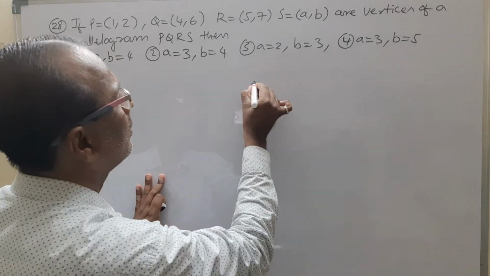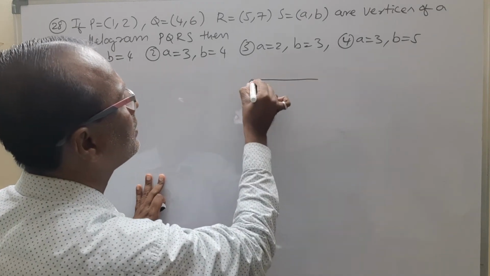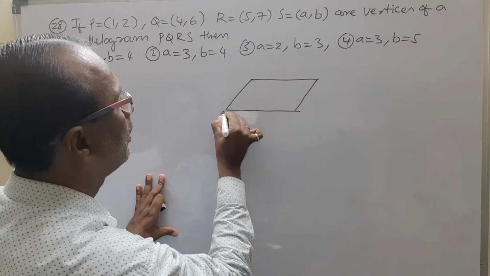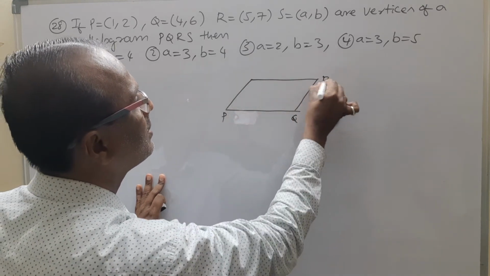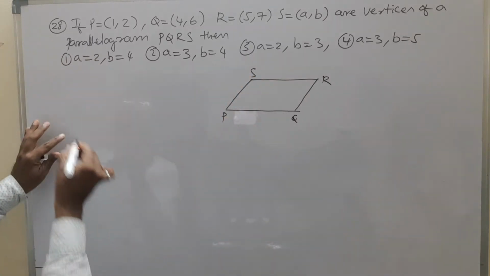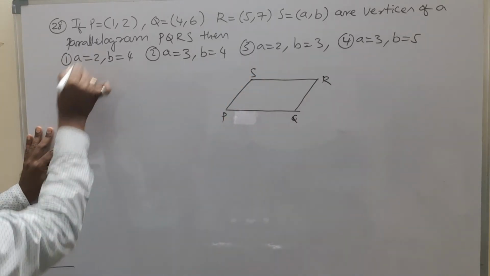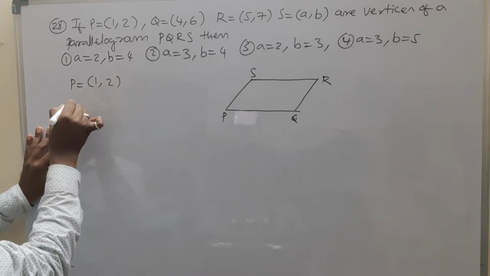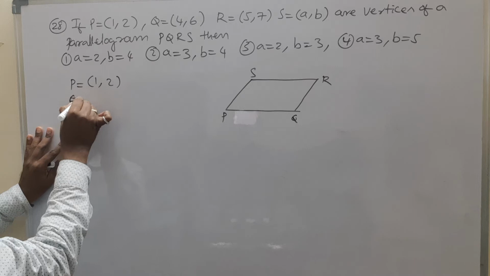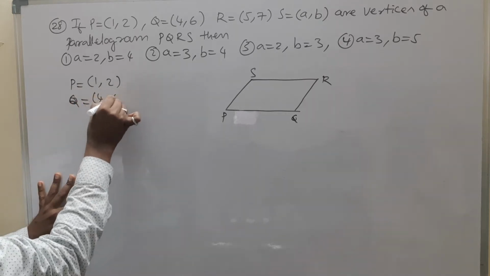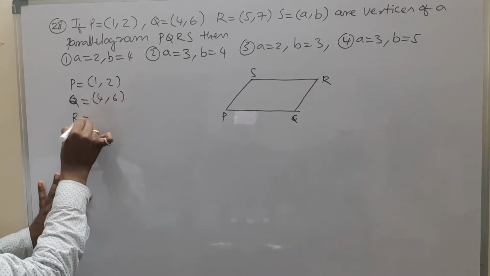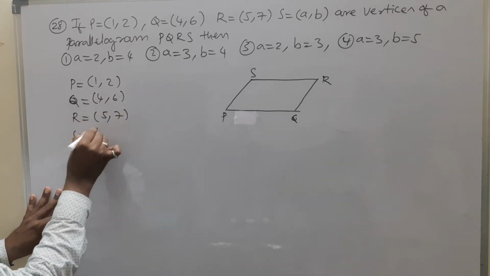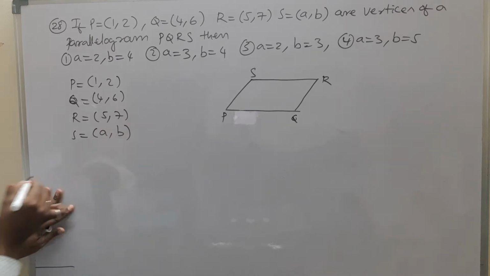PQRS is a parallelogram. Here the coordinates of the vertices are given. P equal to 1 comma 2, Q equal to 4 comma 6, R equal to 5 comma 7, S equal to a comma b.